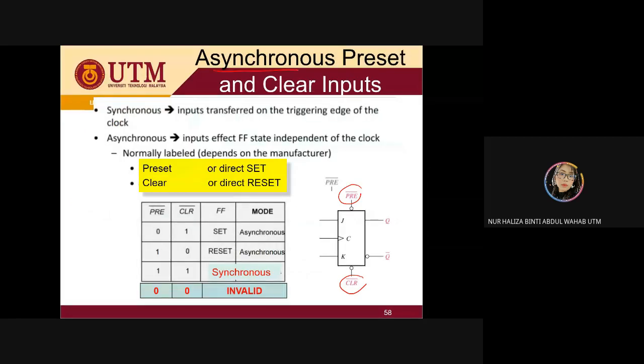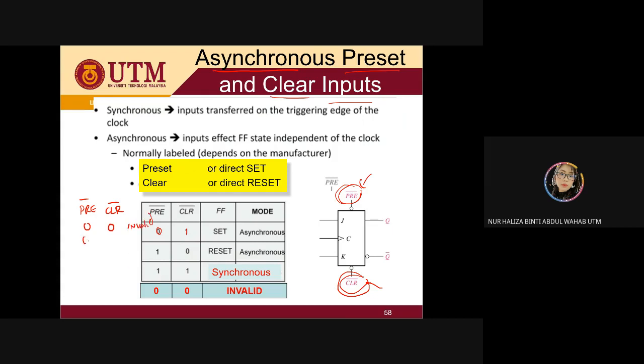Okay, synchronized and unsynchronized. Async, preset, and clear input. This is clear, this is preset. And if you have this thing, you need to consider this first. If the pre is 0 and the clear is 1, let me put the incorrect order. If it is 0, 0, it will be invalid.